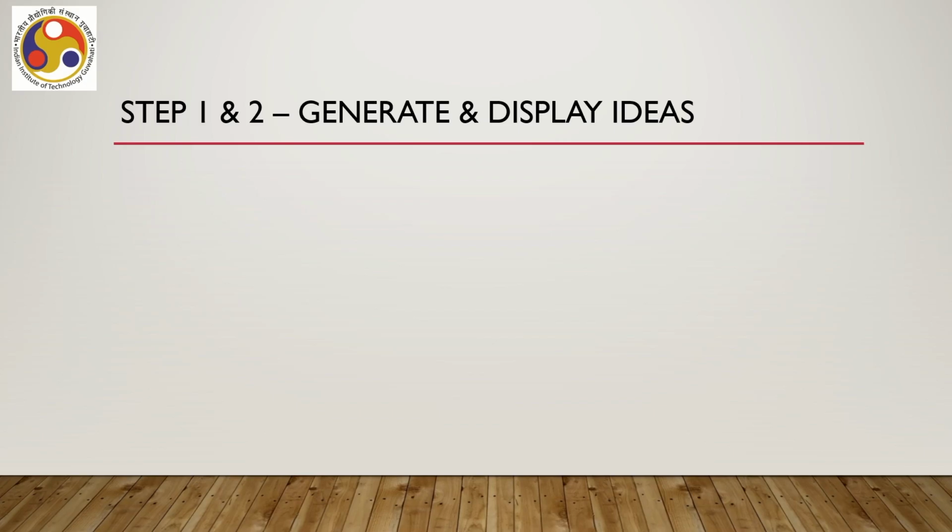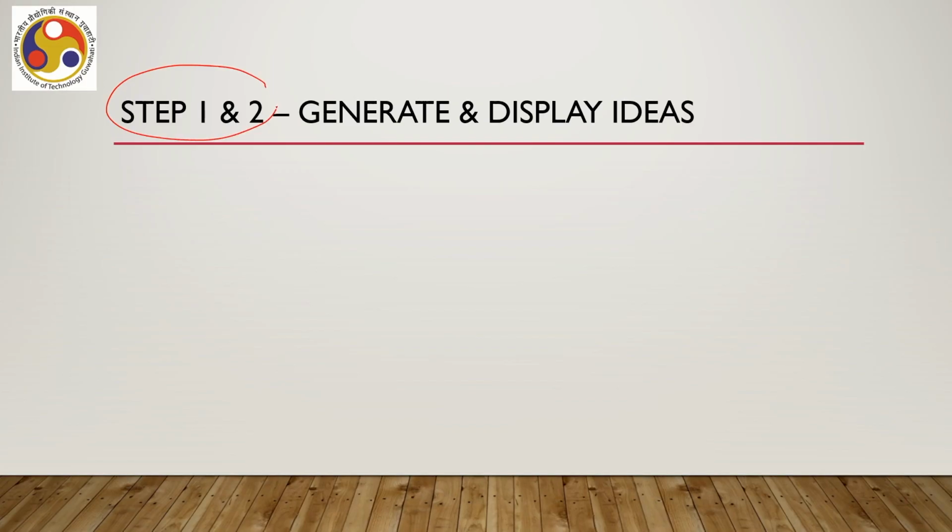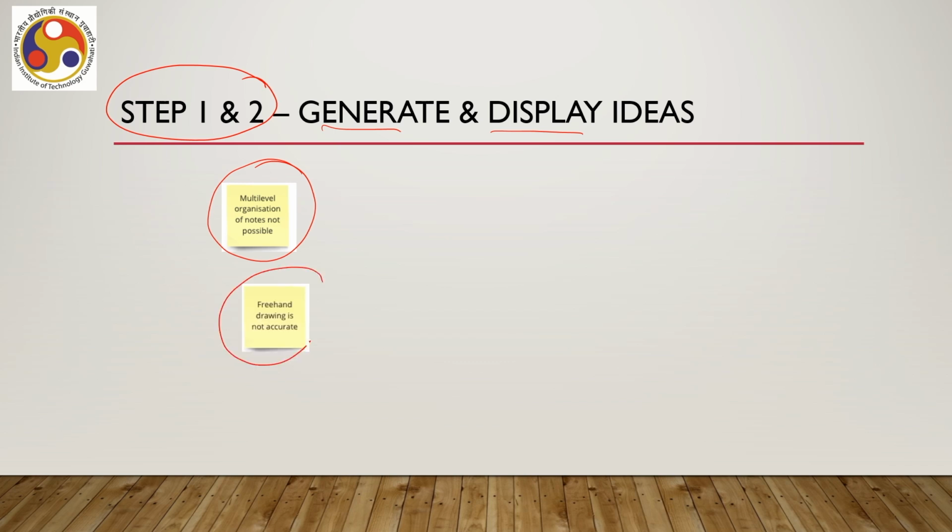Now, step 1 was generate ideas and step 2 was display the ideas. Let us combine them together to see what they mean. Idea generated: multi-level organization of notes not possible. Another idea: freehand drawing is not accurate.